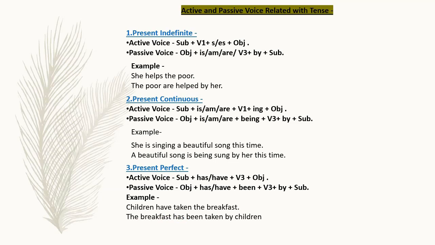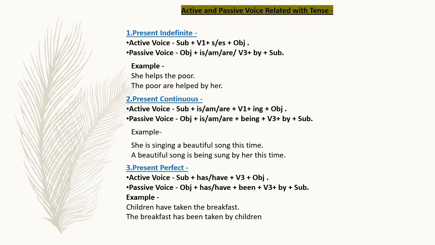Here I have given you the list of all the passive formations of all the tenses, active and passive voice related with tense, like for simple indefinite. If you have understood the basic structure, definitely you will never face problems once we go through it. So I try to make things easier for you by giving examples also here.